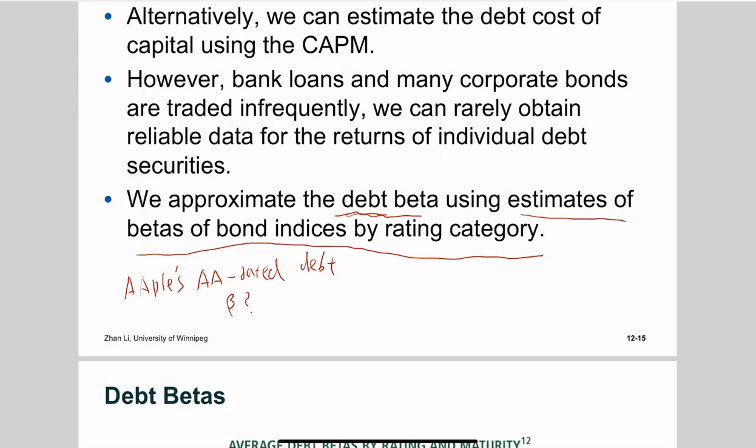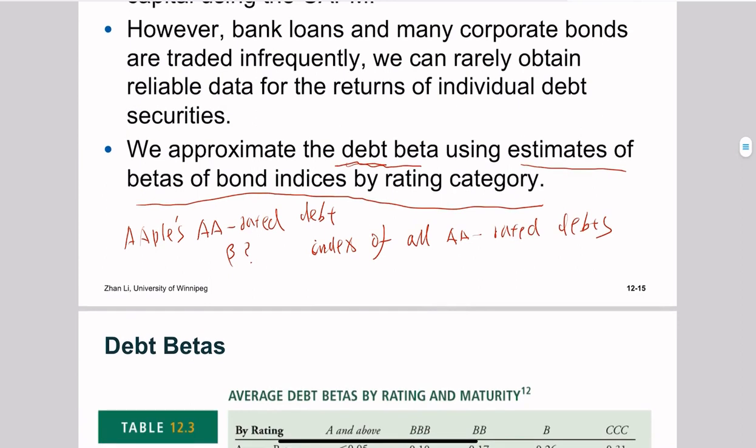Now what you do is you will look at a bond index. Let's say we have an index of all AA rated debts, right? That is, this index is a portfolio. It contains all AA rated debts from different firms, right?